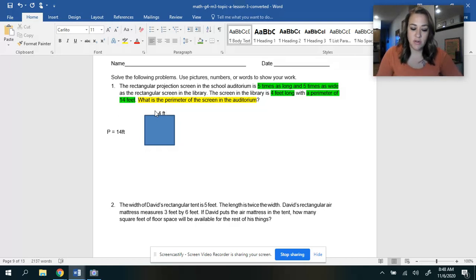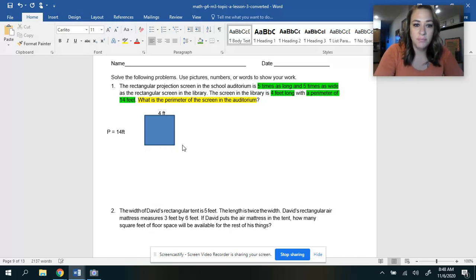Okay, but what we don't know is what our width is. So if my perimeter is 14 feet, what we know about a rectangle is if this side is 4, then this side is also going to be 4. So we can come down here and say it's also 4 feet. So 4 and 4.